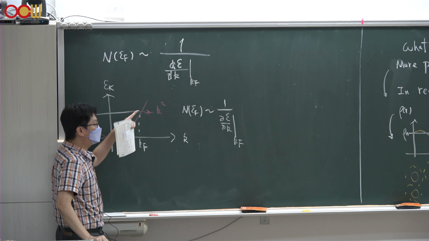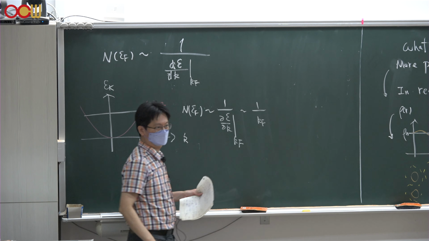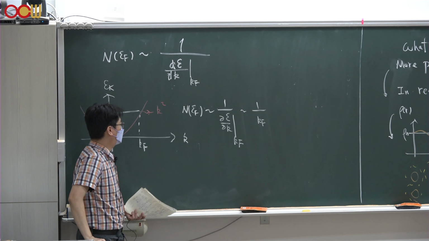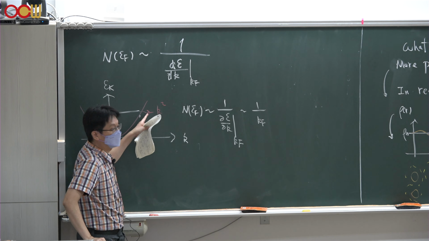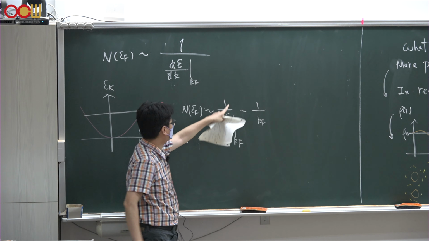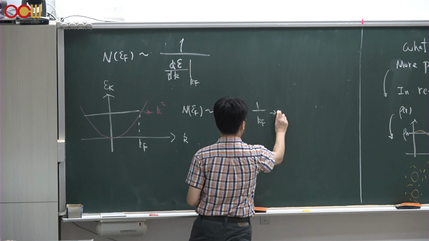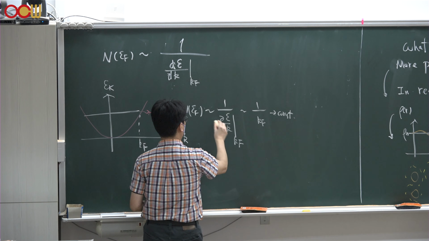So for a quadratic band, it is inversely proportional to kF, with some proper prefactor, because epsilon is proportional to k squared. If you take the derivative of k squared, you get k, and k is very close to kF. You get 1 over kF, which is constant for ordinary metals.